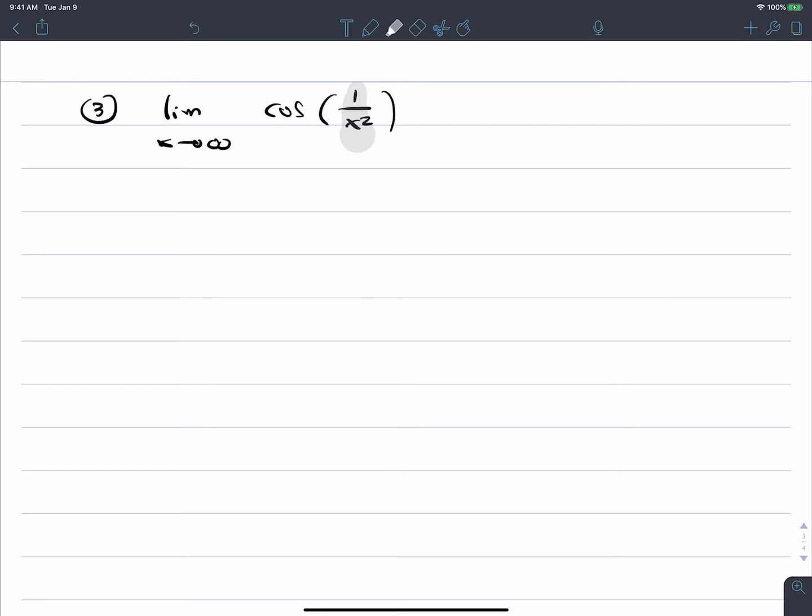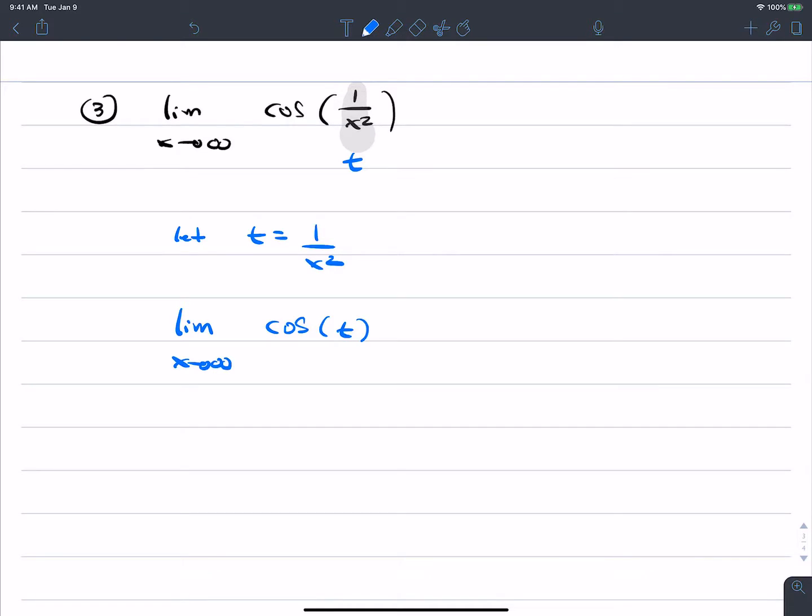So a way to do this is to introduce a variable for this. You're going to let t be 1 over x squared, so that the limit question now becomes the limit as x goes to infinity of cosine of t.